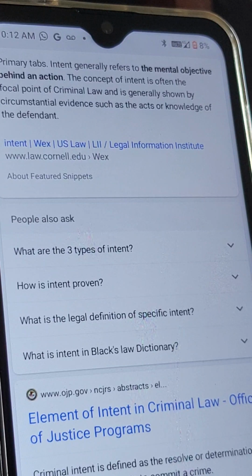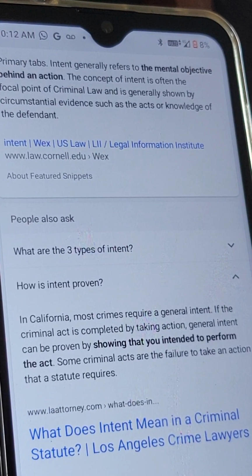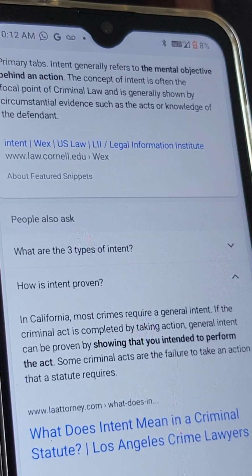How is intent proven? A specific intent. In California, most crimes require a general intent. If that criminal act is completed by taking action, general intent can be proven by showing that you intended to perform the act.